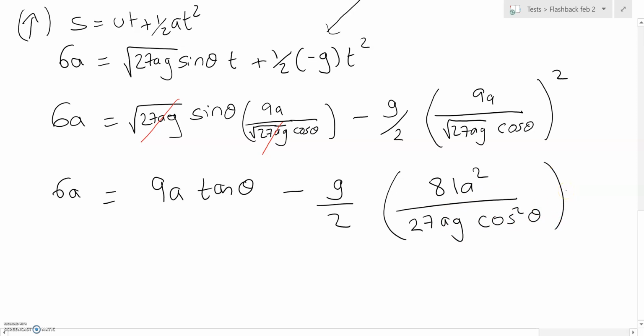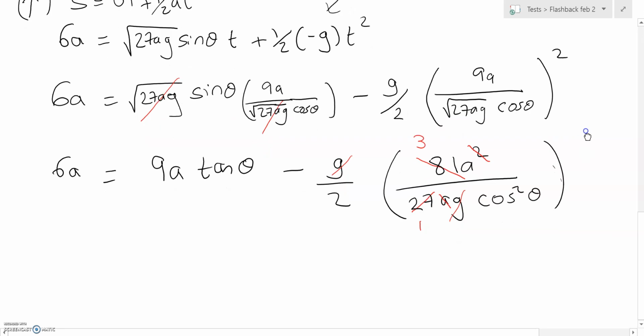Now simplifying each term, let's look at this bracket over here. We can cancel a's, so we've got an a squared at the top and an a at the bottom, so we're left with a at the top and 1 at the bottom. We can cancel g's, and then the 81 over 27, well, 27 goes into both, so that leaves us with a 3 there and a 1 at the bottom, and that seems to work out quite nicely.